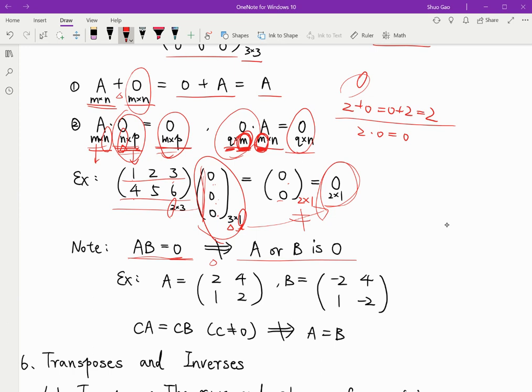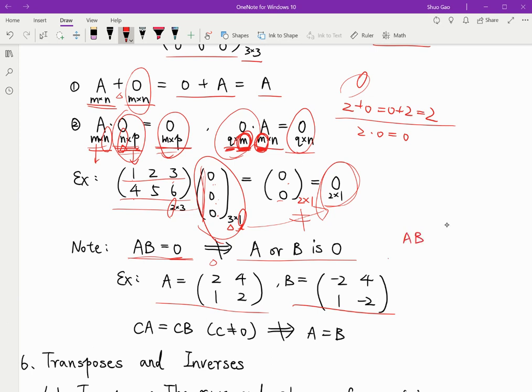If A times B is a null matrix, then it doesn't necessarily mean that A or B is a null matrix. So for example, A and B are like this. Both of them are 2x2 square matrices, and none of them is a null matrix. But the multiplication of A and B is a null matrix.